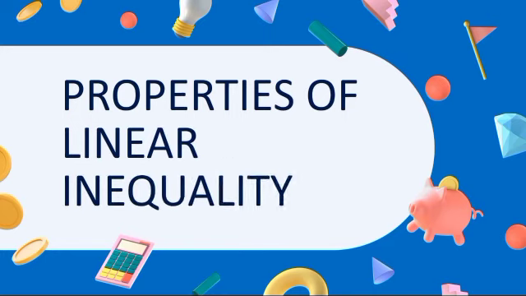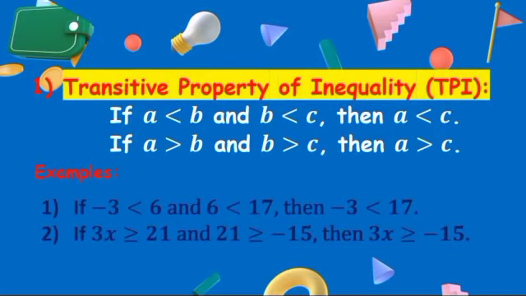Properties of linear inequality. Number 1. Transitive property of inequality. If A is less than B and B is less than C, then A is less than C. If A is greater than B and B is greater than C, then A is greater than C.